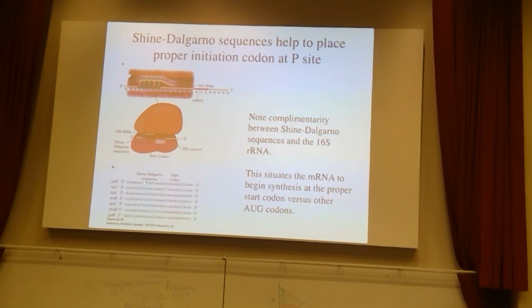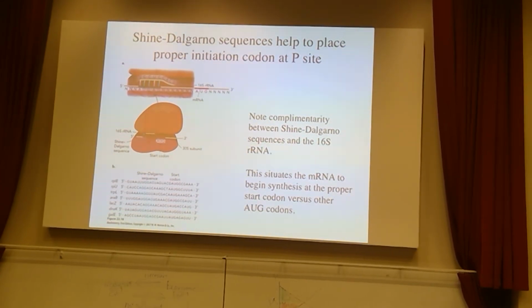Very often they have this GGAG right in there, just ahead of the start codon. GGAG, there's some variations. Here's an AAGGG, but there's pretty good correspondence to that particular sequence with GGAG at the core. What is that doing? Why does that help define the start site?